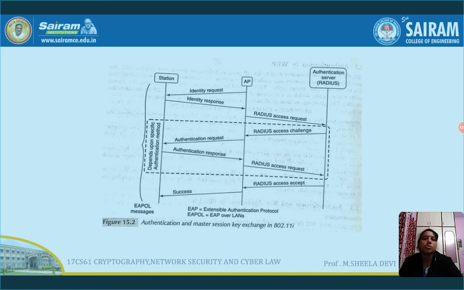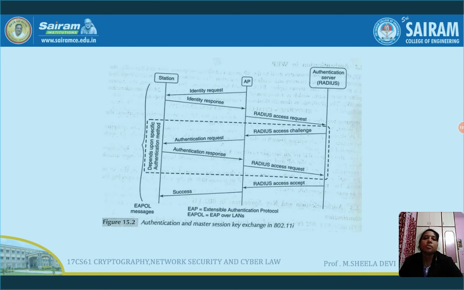So it has to prove by itself that it is an authorized access point and station. So RADIUS gives the challenge, then the access point again gives the challenge request, the authentication request to the station, then it gives a response, which is sent to the RADIUS server as an access request again.